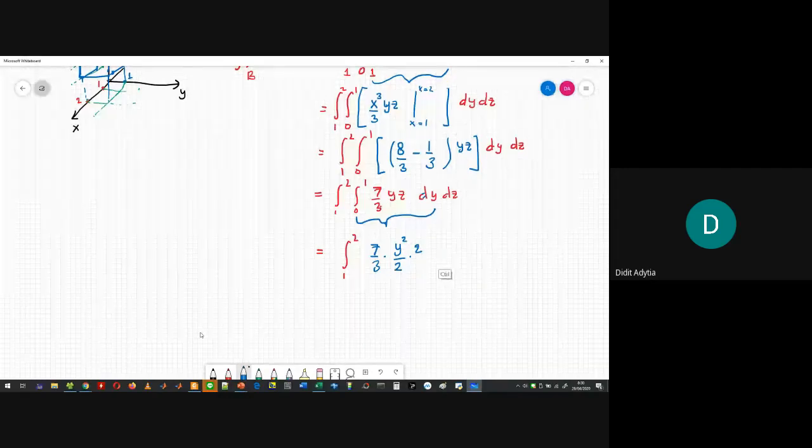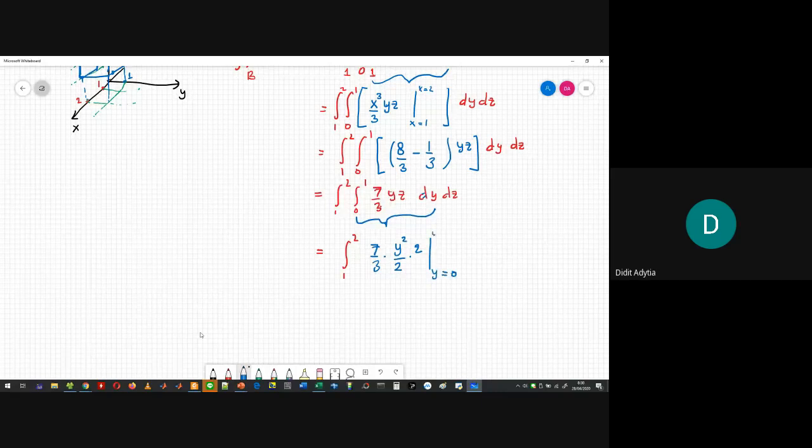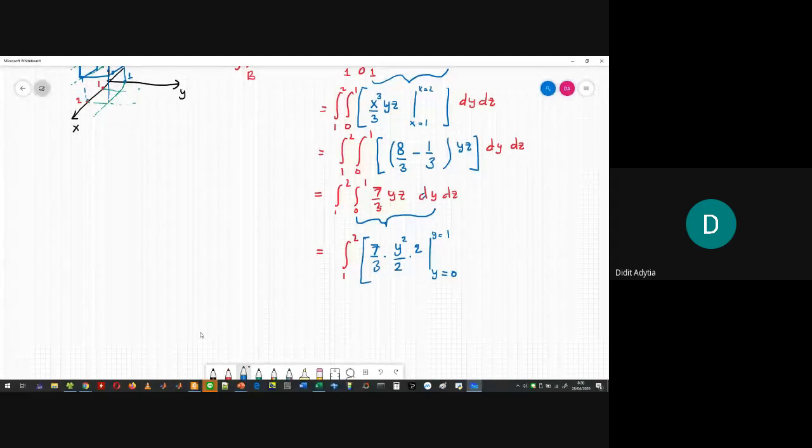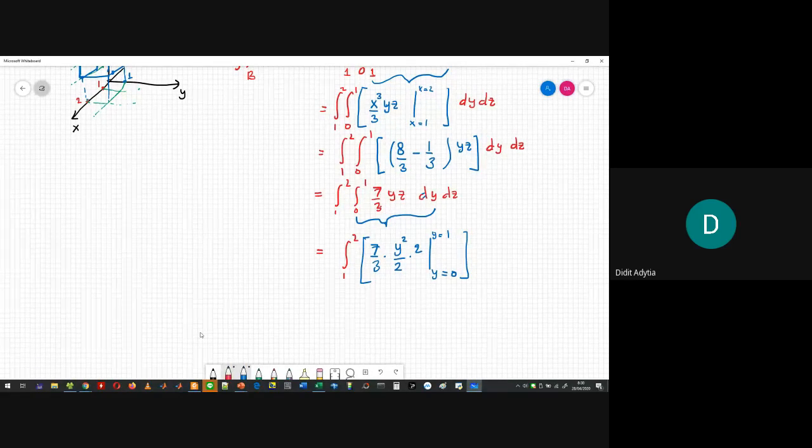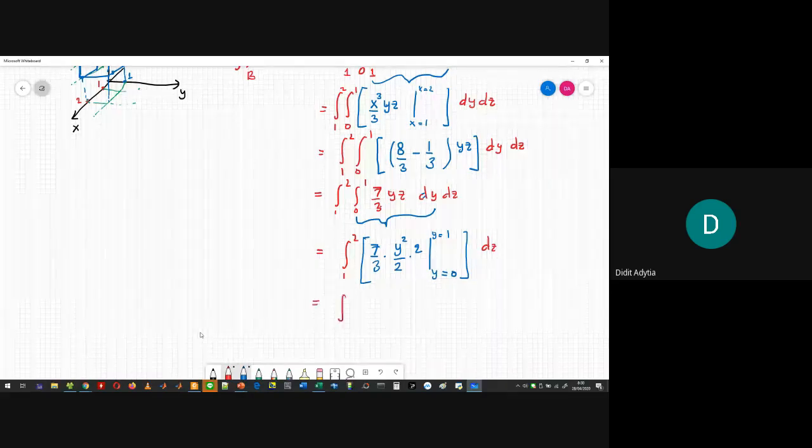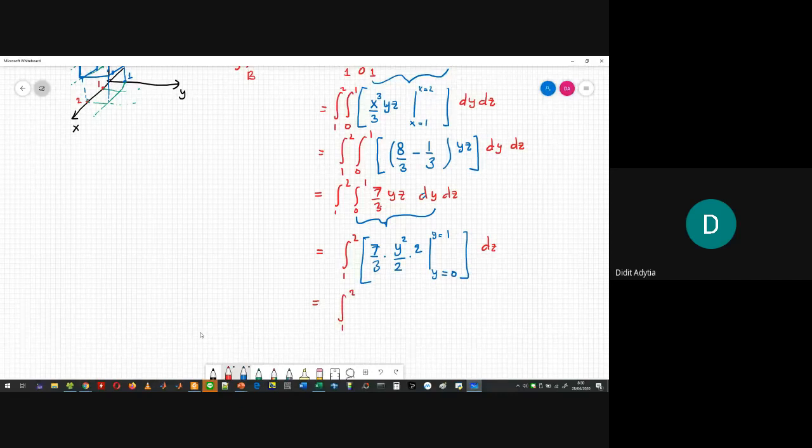And then this one is y is from 0 and then to 1. I make a big bracket again. And then this one is respect to z. Okay. So this one is 1 to 2. Jadinya berapa ini? 7 per 6 ya. 7 over 6.